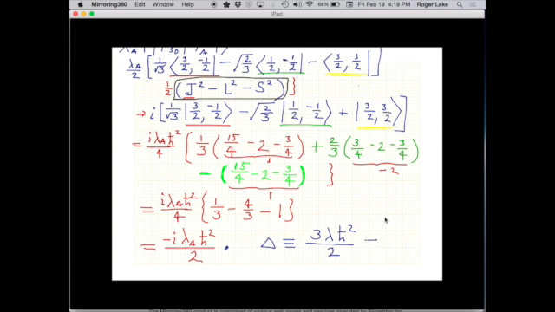And often you'll see this in parameter tables listed as delta SO. This is a parameter you can find when people write down band structure parameters for different materials like gallium arsenide. This is a spin orbit coupling parameter.